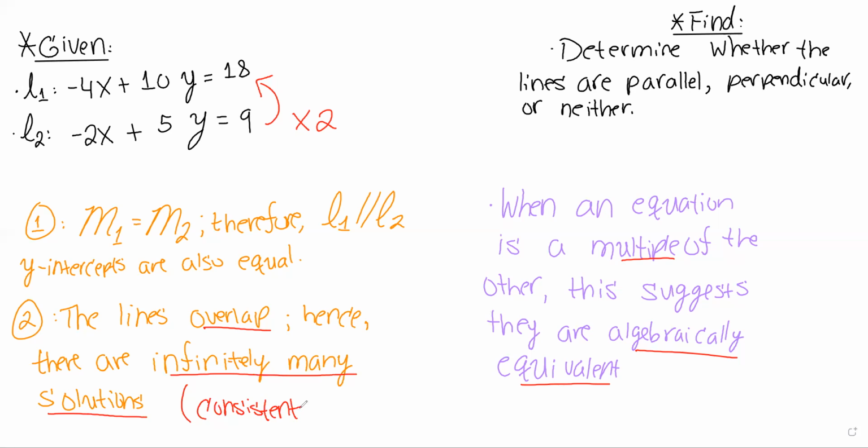More specifically, there's not just one solution, there are infinitely many solutions. The lines overlap. They're equivalent. This is called dependent, when the lines overlap and they're actually algebraically equivalent.